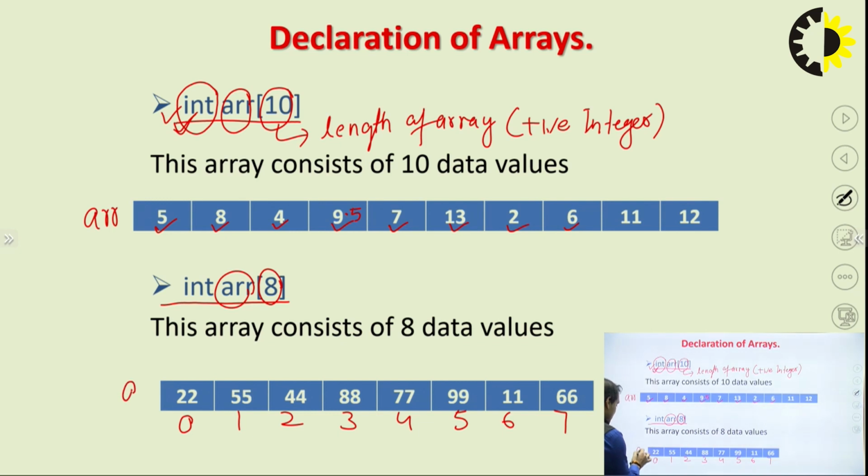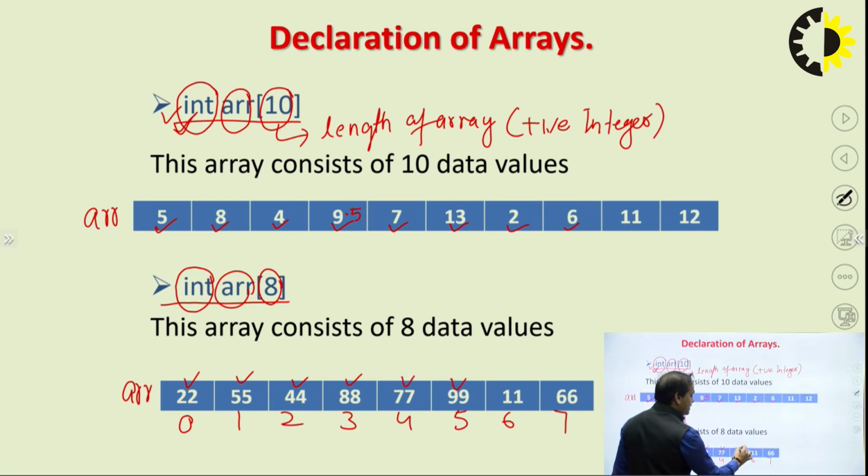That means this is a location inside memory named arr, and the values stored in the array are integer type, like 22, 55, 54, 88, 77, 99, 11 and 66. These are all integers.